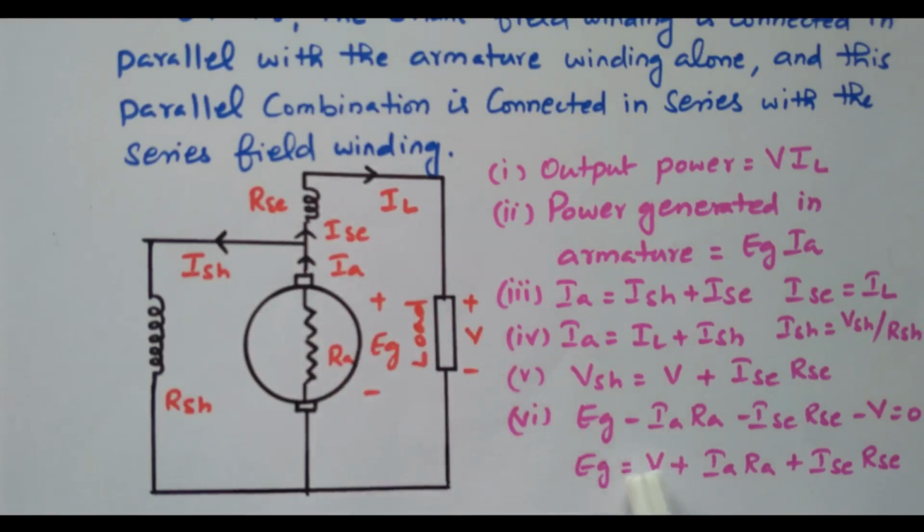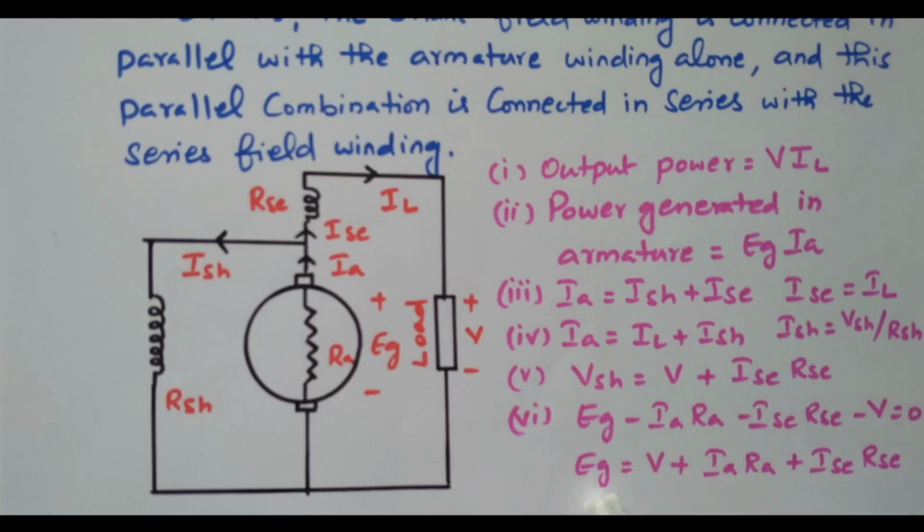We'll see this diagram. EG minus IA RA minus ISC RSC minus V equal to 0, right? From the generated voltage, the armature resistance drop is subtracted, the series field resistance drop is subtracted, then the load voltage, that is equal to 0. Otherwise EG equal to V plus IARA plus ISC RSC.